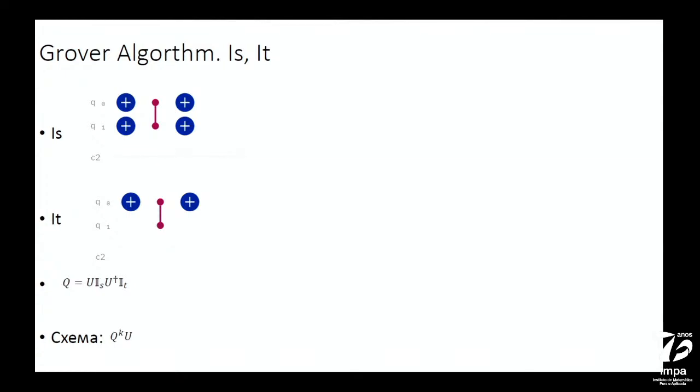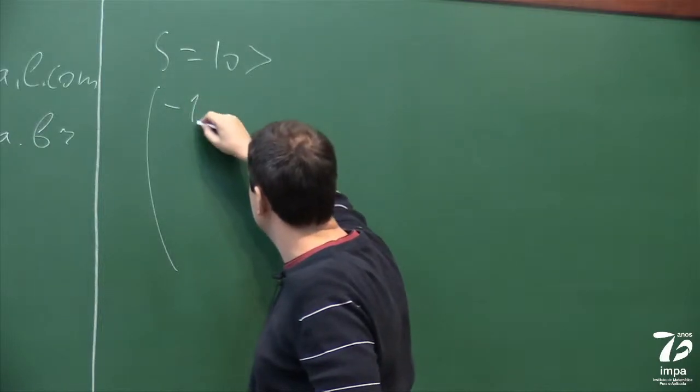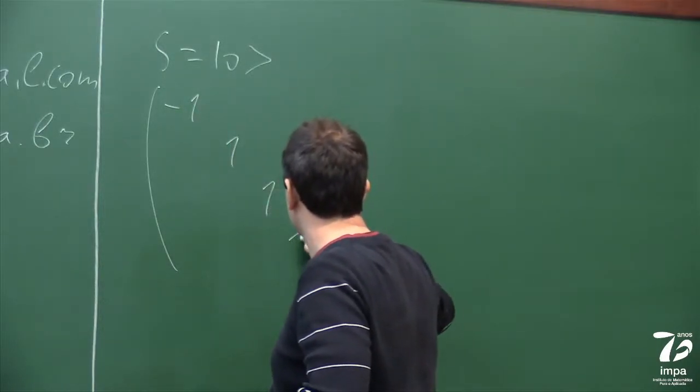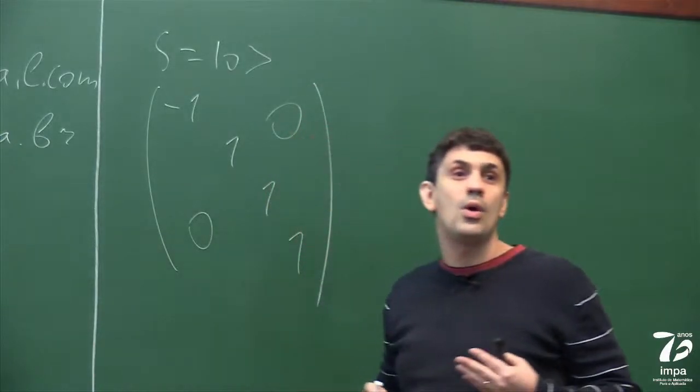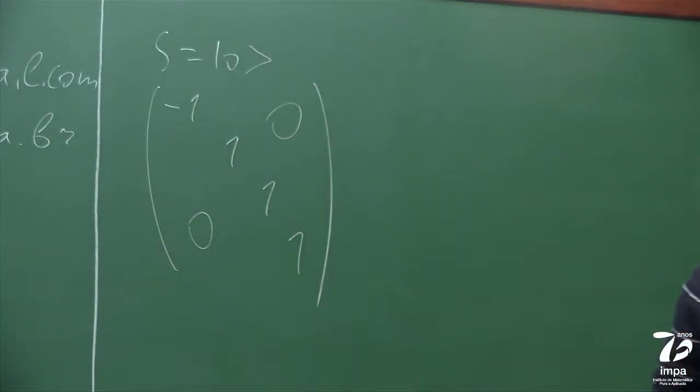So S was equal to 0, and if I want to have ES, its matrix is minus 1, 1, 1, 1, and the rest are zeros. How can I get this? First of all, you need an idea.